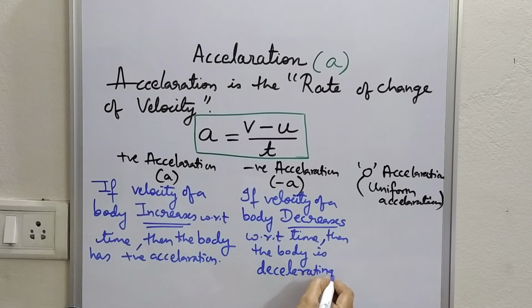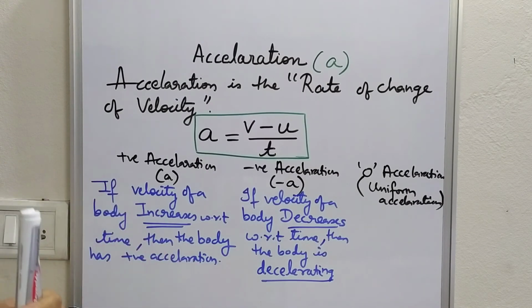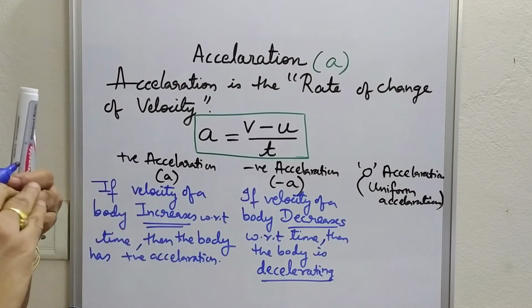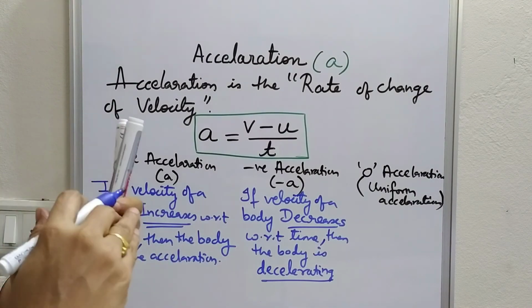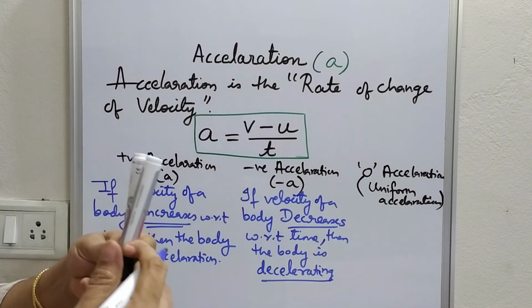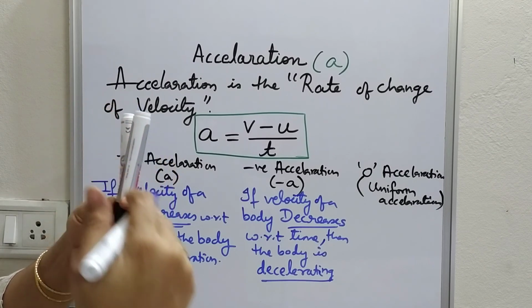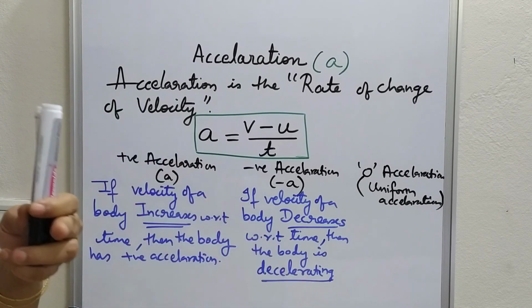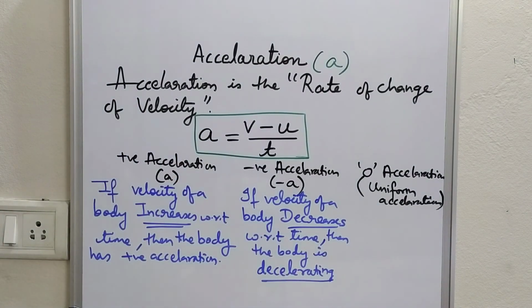That means the velocity of a body decreases with time. And when do we see deceleration? When brakes are applied. That means when the body is already traveling with a certain velocity and all of a sudden brakes are applied, then the body's velocity changes from high velocity to zero velocity. That is called deceleration.